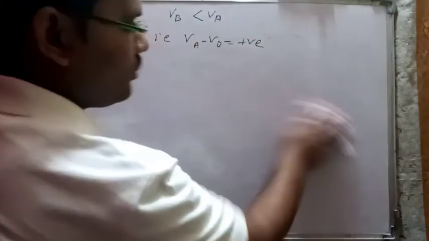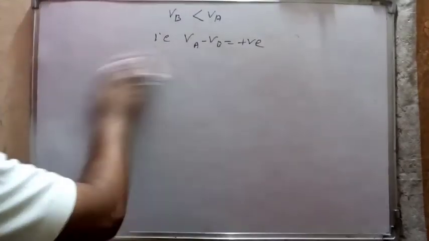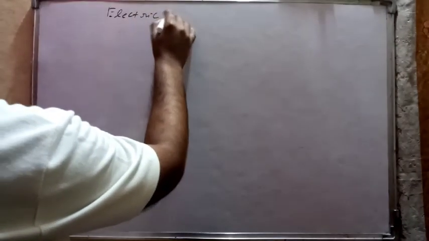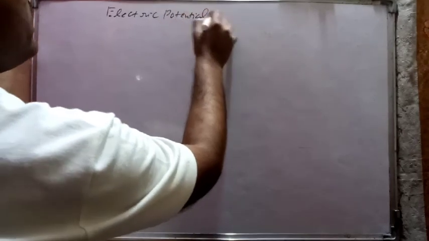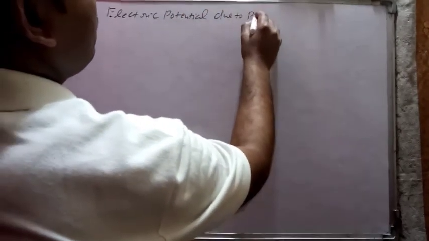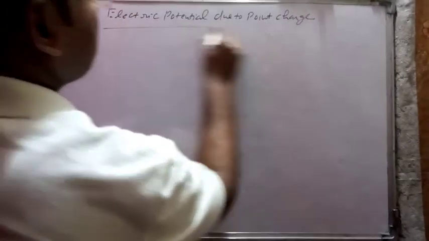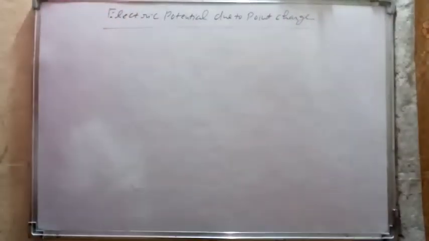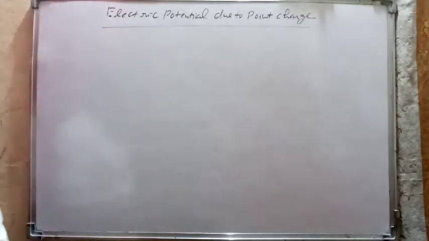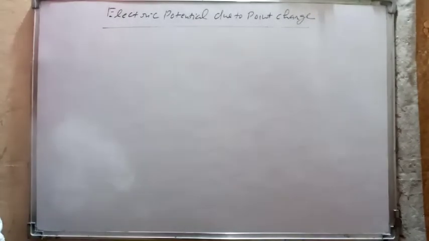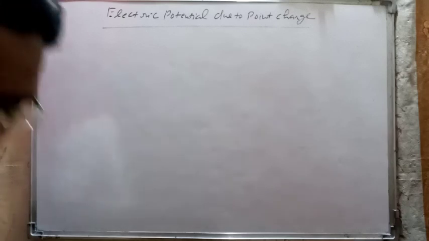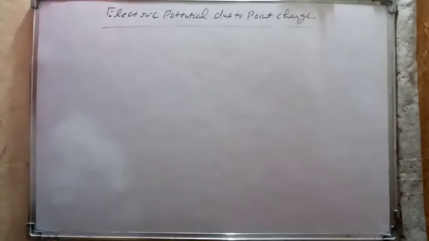Now the next topic is the electric potential due to a point charge. If there is a point charge, meaning a source charge, then there is an electric field.